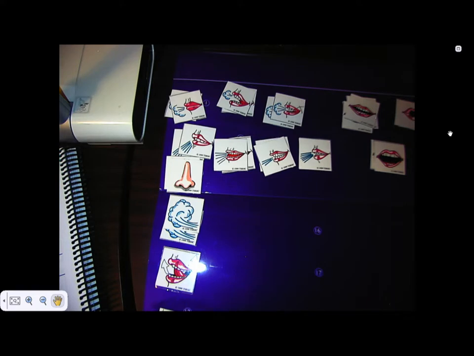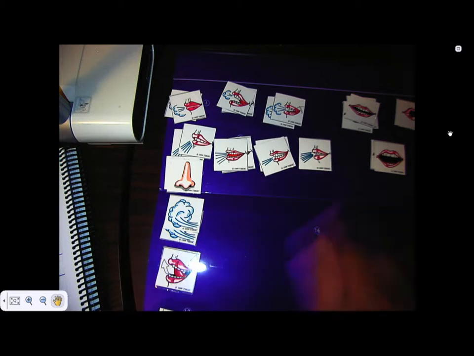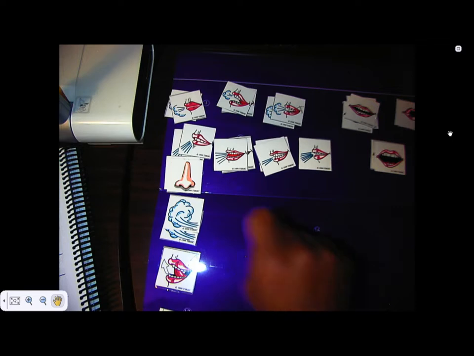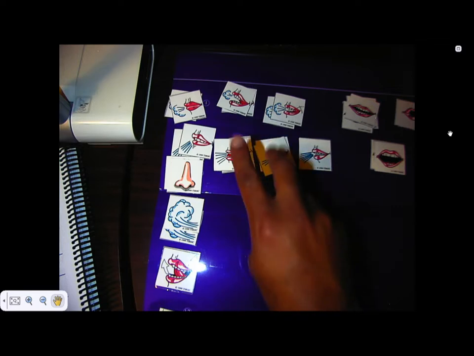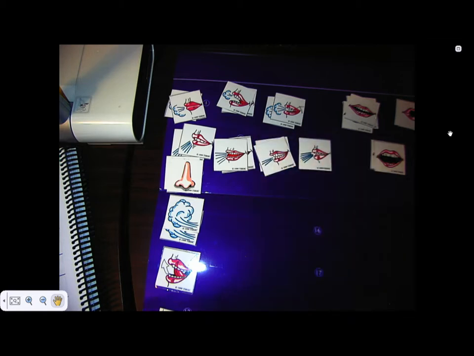Once you've replaced the cards, let's do one more. Let's do sanding. Echo, sanding. Let's unblend. The sounds are s, a, n, d, ing, sanding.